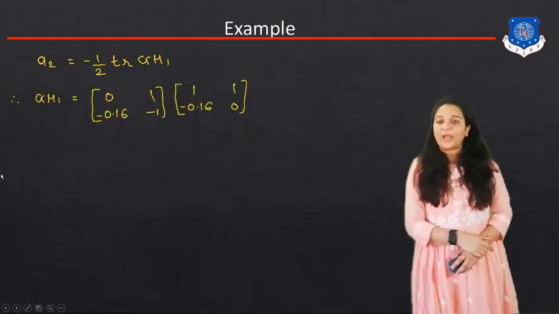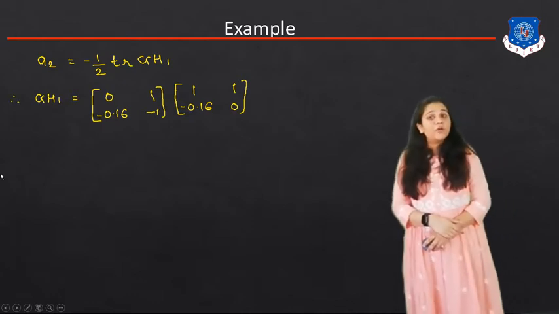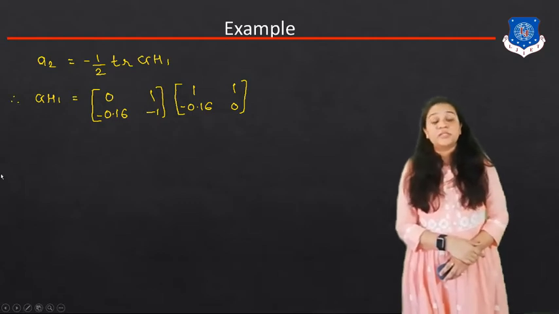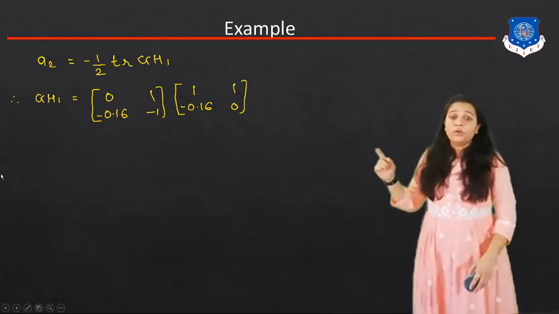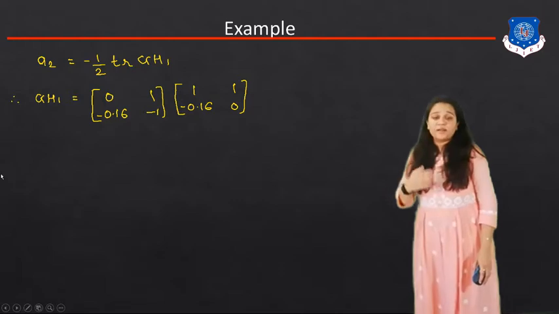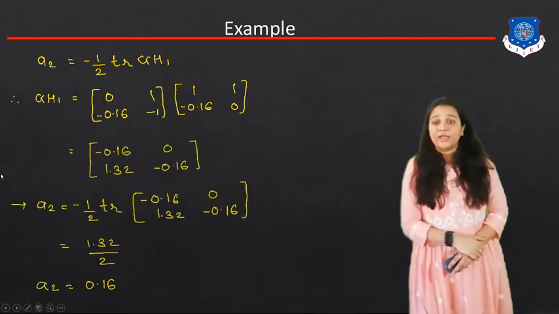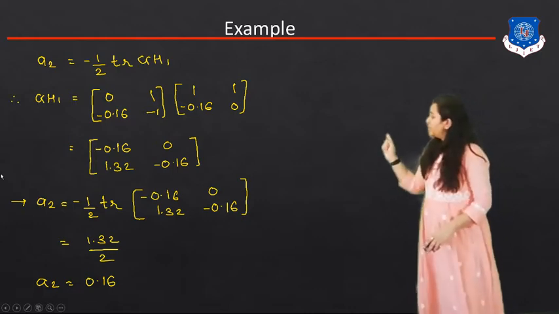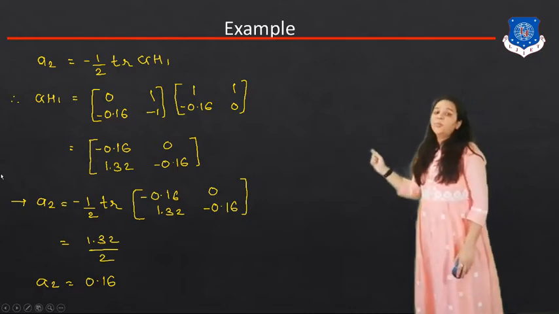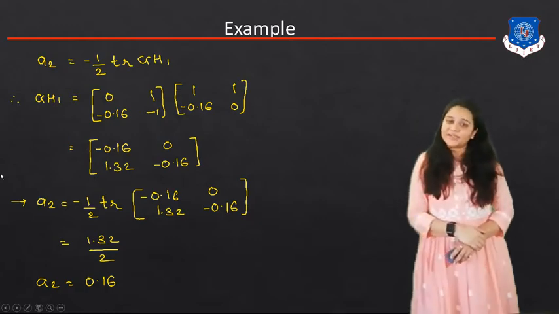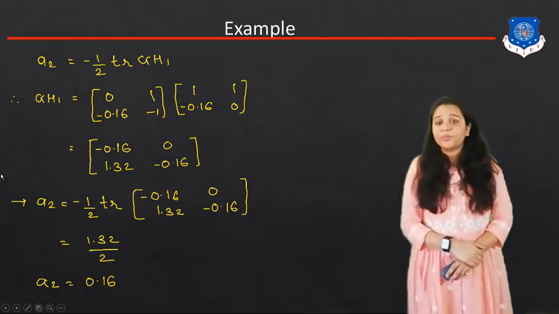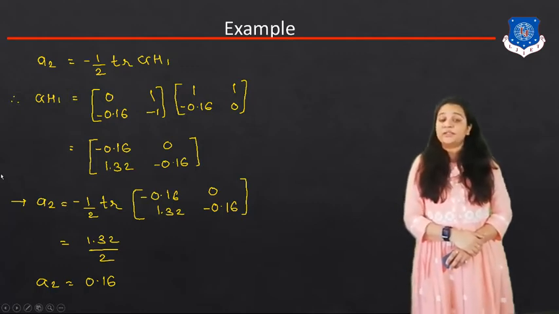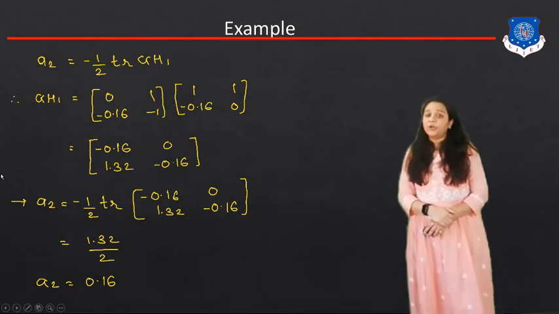The G matrix is given, and the H1 matrix we found earlier. Simply multiplying these two matrices, we get [-0.16, 0; 1.32, -0.60]. The trace of this matrix is nothing but 1.32 minus 0.16, divided by 2.